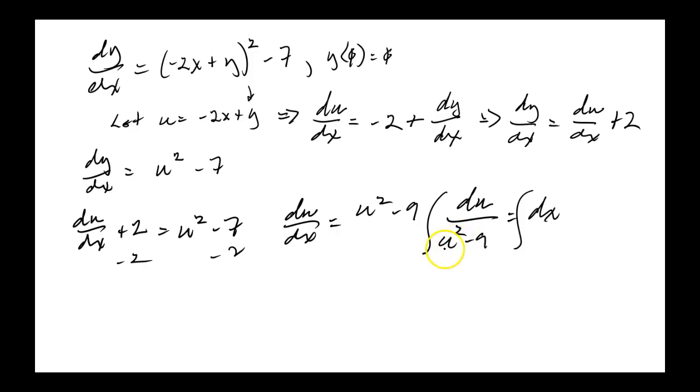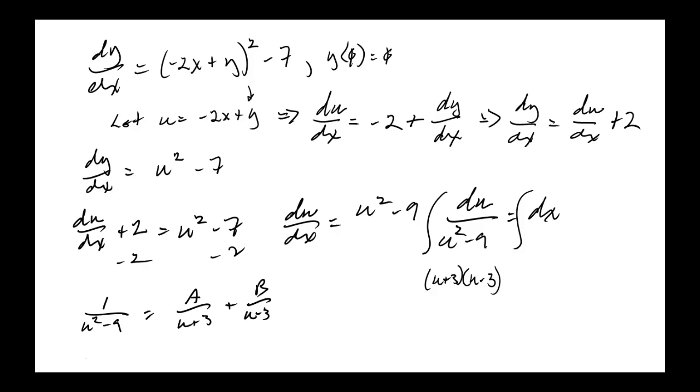You say this can be factored as u plus 3 times u minus 3, so 1 over u squared minus 9 is going to be some A over u plus 3 plus B over u minus 3. We took a big fraction and split it into its components. We just don't know what coefficients A and B are.